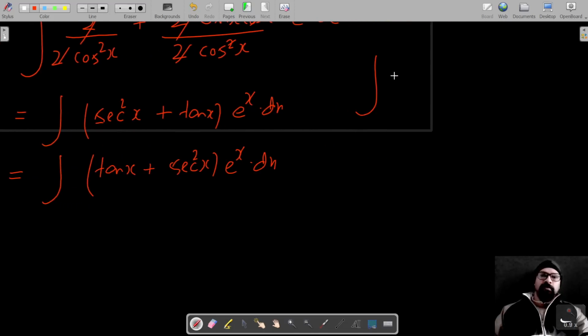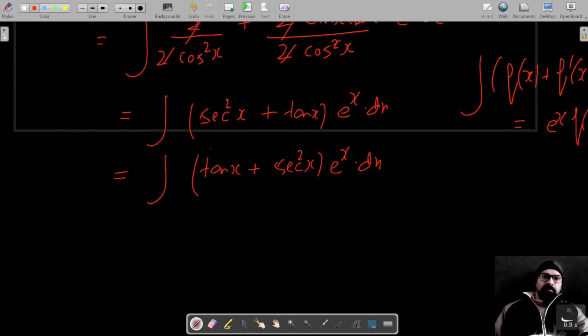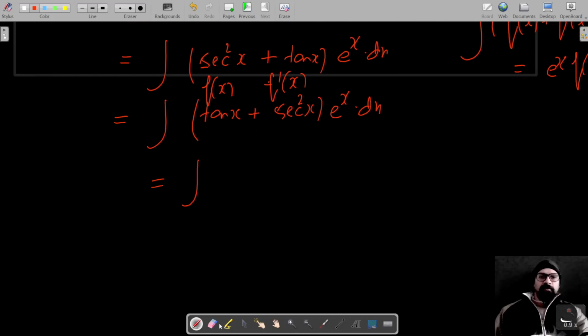Now this is of the form integration of f of x plus its differentiation into e raised power x into dx, which is equal to e raised power x into f of x plus c. So this is our function and this is its differentiation. So this becomes e raised power x into tan x plus c.